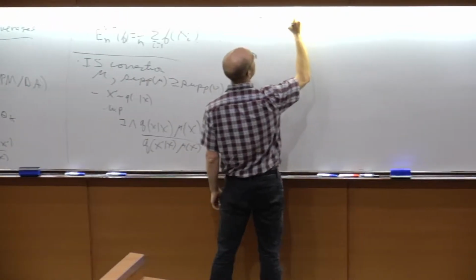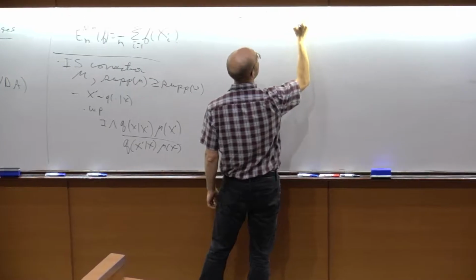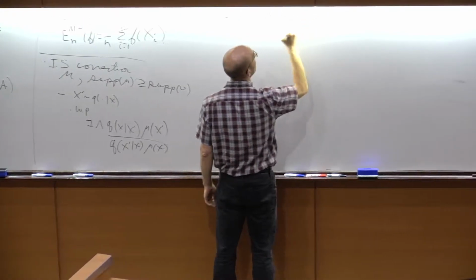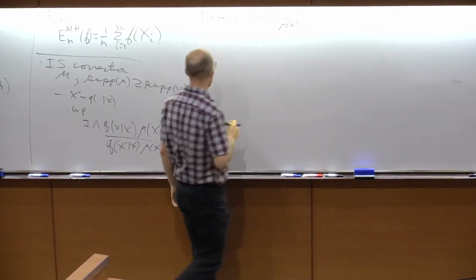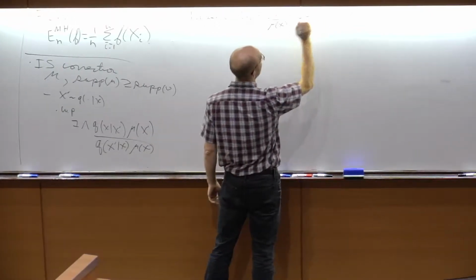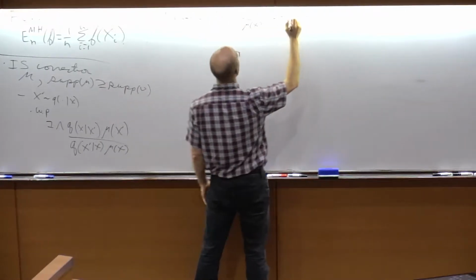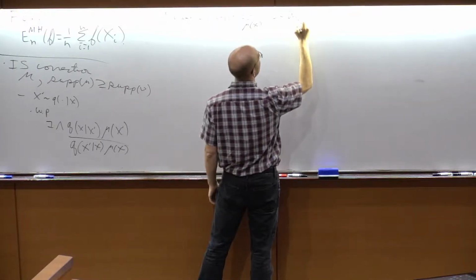So we set Wi, and often you only have the unnormalized version, so I might also use Wi.